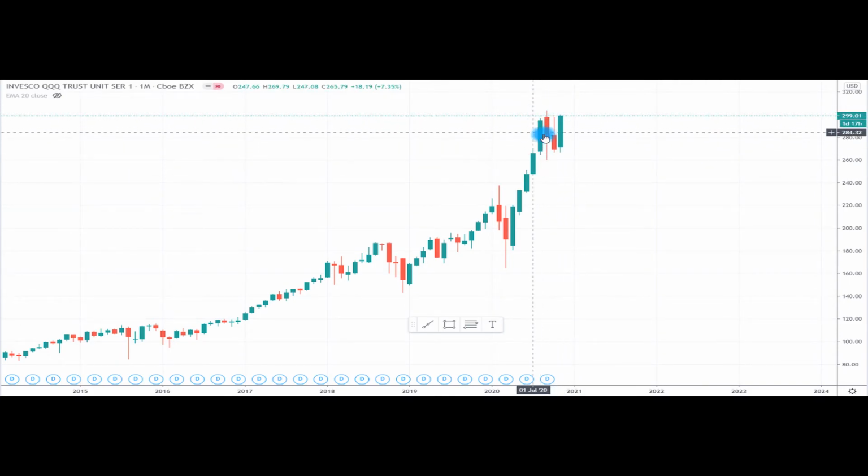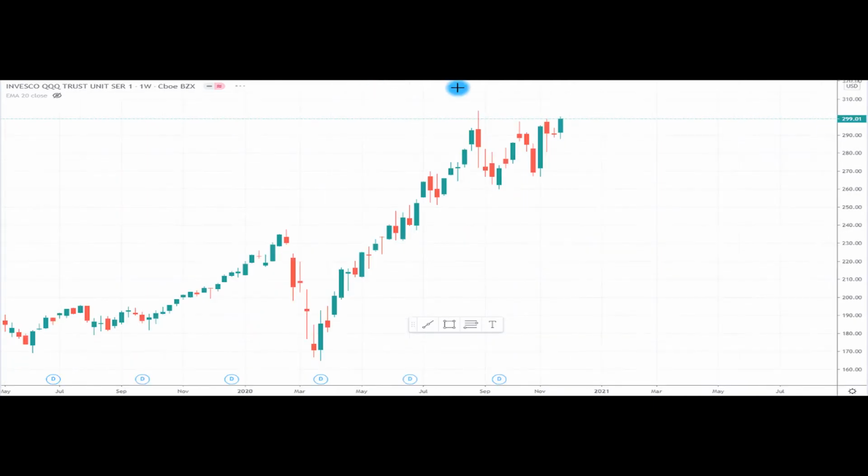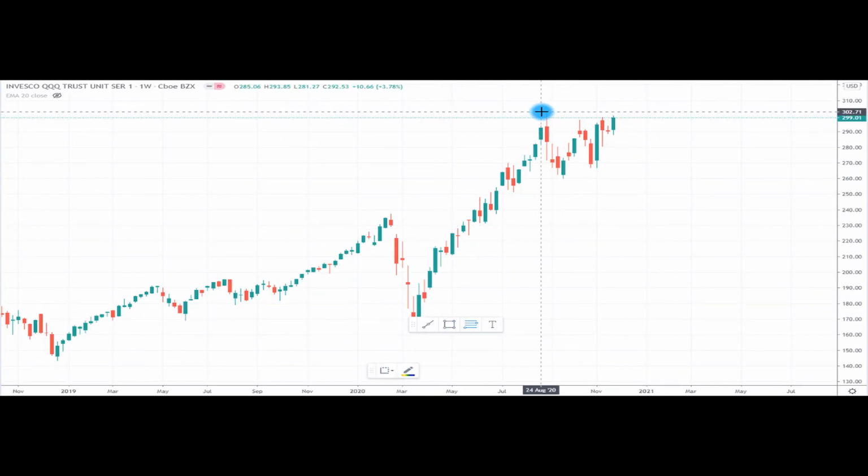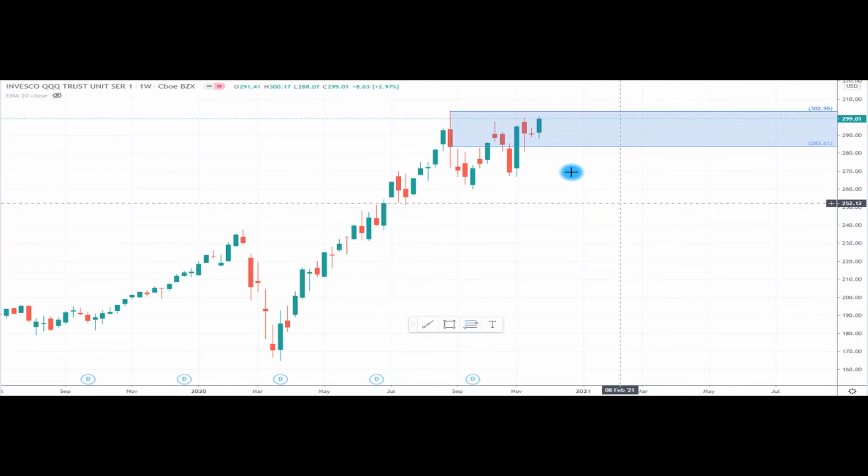Previously, before that, we saw these bearish candles, so we were expecting price to come down all the way down here before we can go long right here, but price never did that. And now it's forming this monthly bullish engulfing candle. So we will see what happens if it wants to go up higher, but currently we have a supply zone in control, so we don't want to go long.